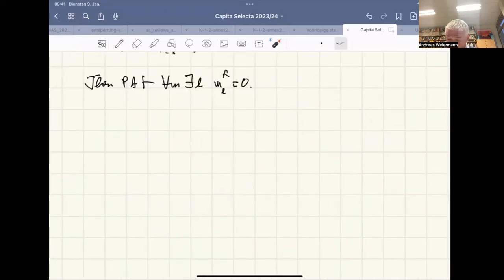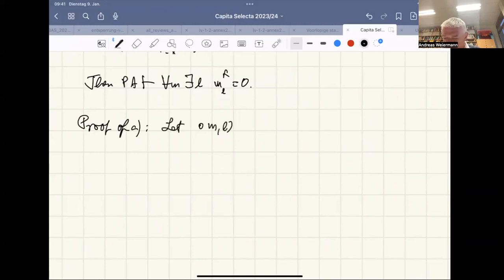So proof of A, it's easy going. Let O of ML be, now L is replaced by F of L plus 2 of MLF. And then we can make the classical argument.